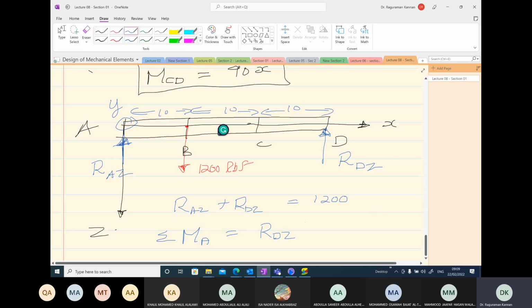Based on this, RDZ times 30 minus 1200 times 10 must be equal to 0. So we get the force RDZ is 1200 over 3, so 400 pound force.